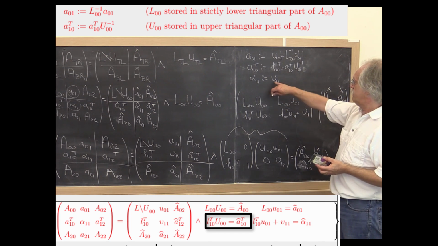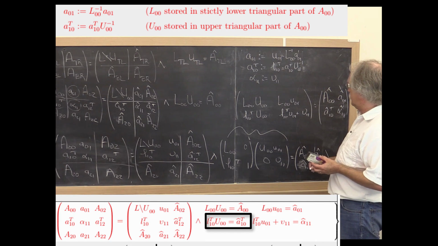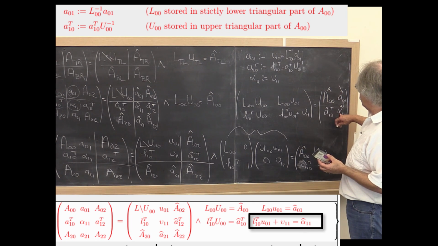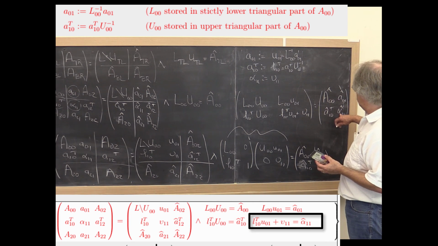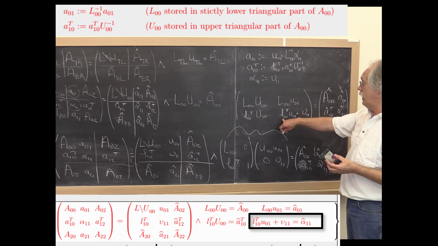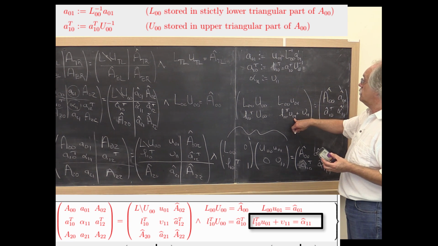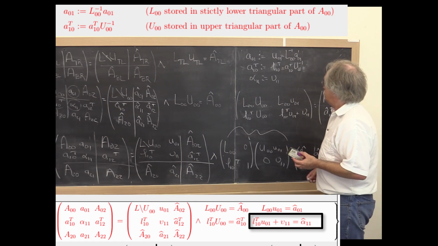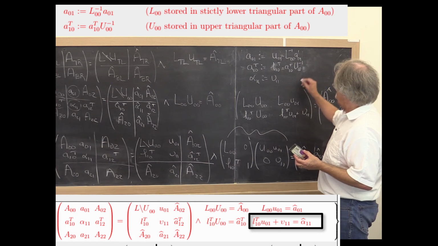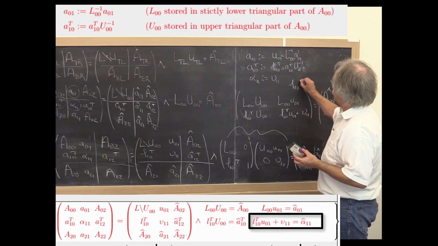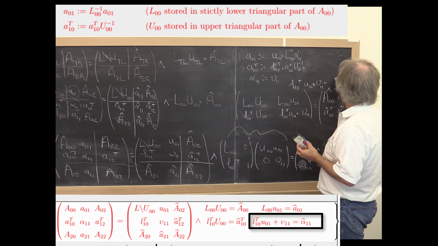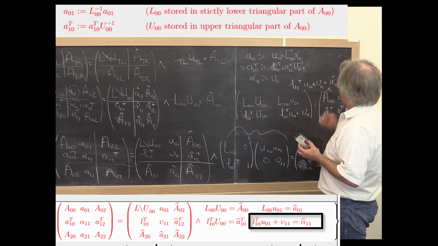Okay, what's left? We need to figure out how to compute epsilon 11. And you kind of see the pattern. You look down here, you see that it's equal to that. We know alpha 11 hat, and we know it's stored in alpha 11. By now we know L10 and U01, because those have now overwritten their counterparts in A. In other words, we know that L10 transpose U01 plus epsilon 11 is equal to alpha 11 hat.